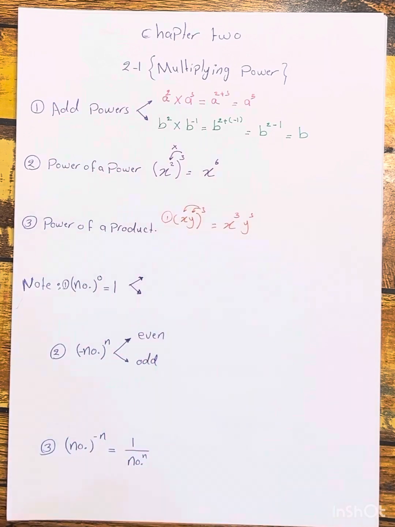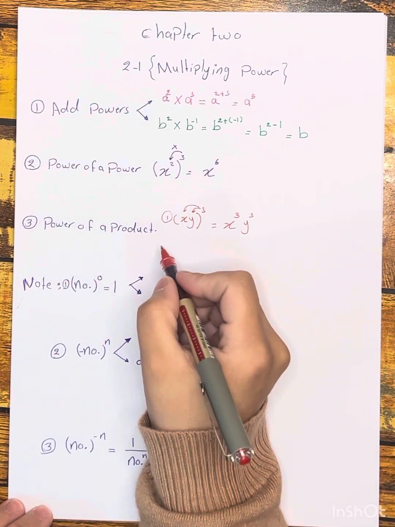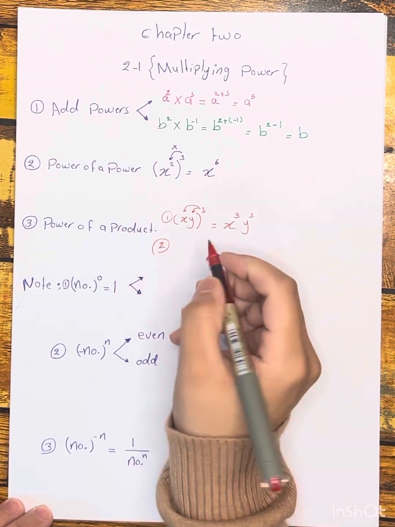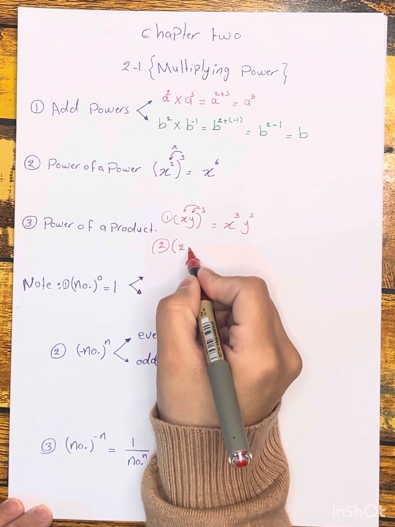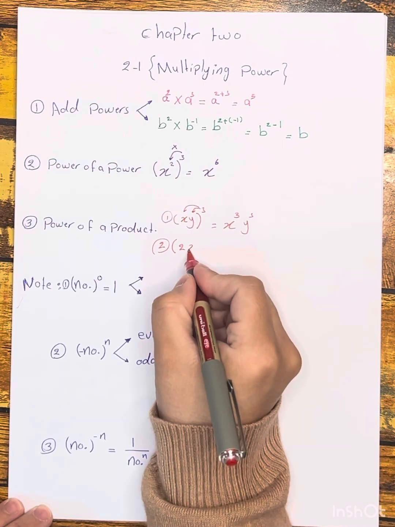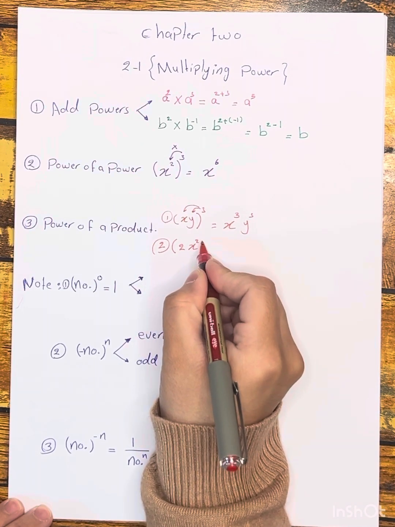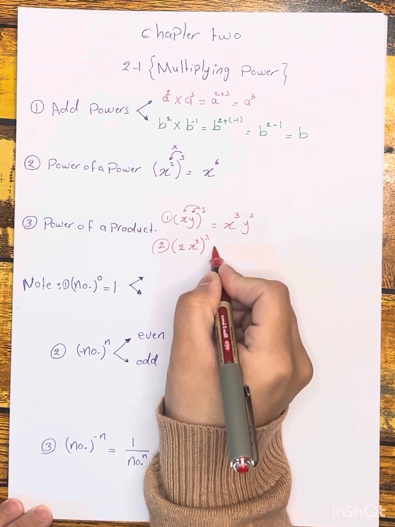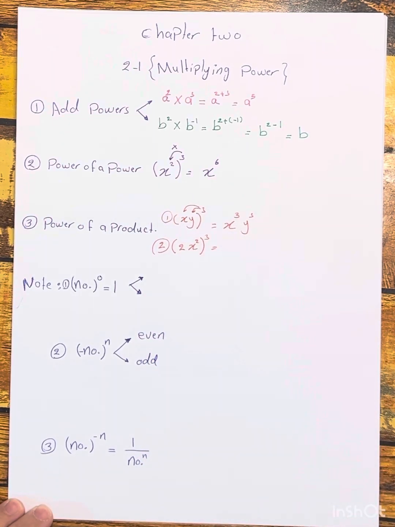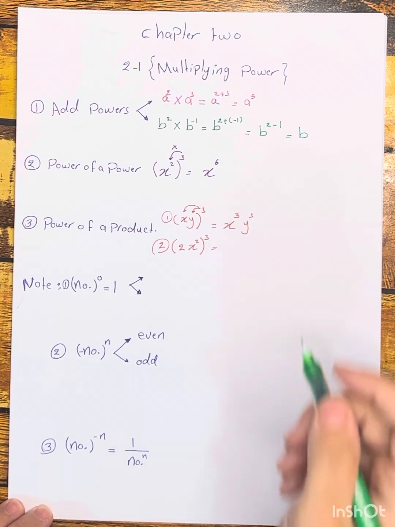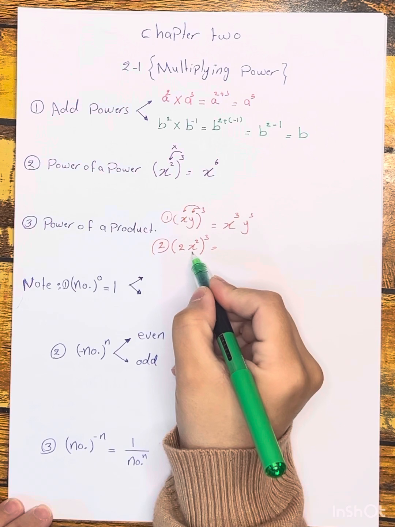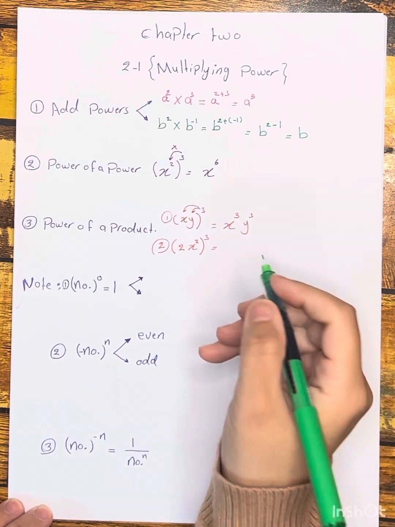What about if we have a number inside the bracket? For example, we have 2x to the power of 2, all to the power of 3. In this case, we need to evaluate the number by a power, and the variable by multiplication.